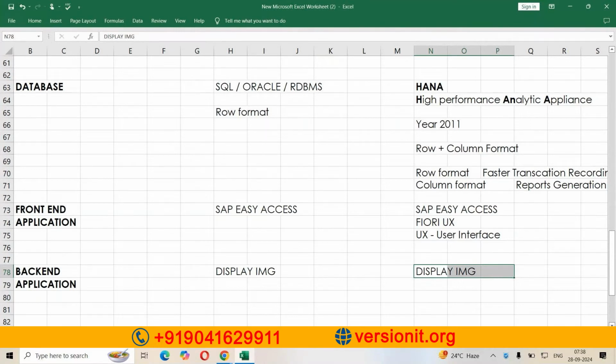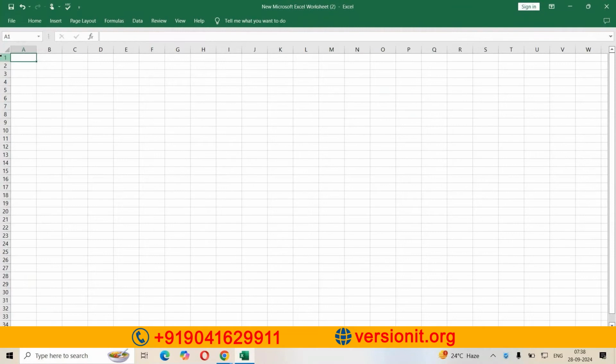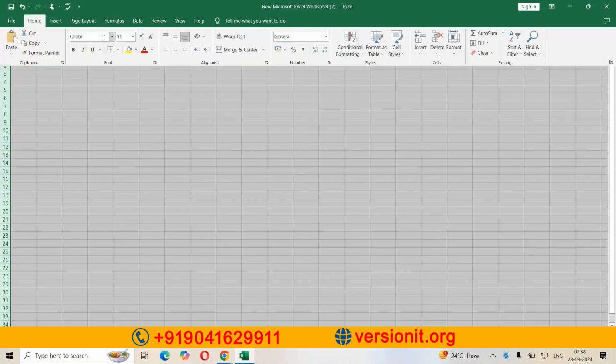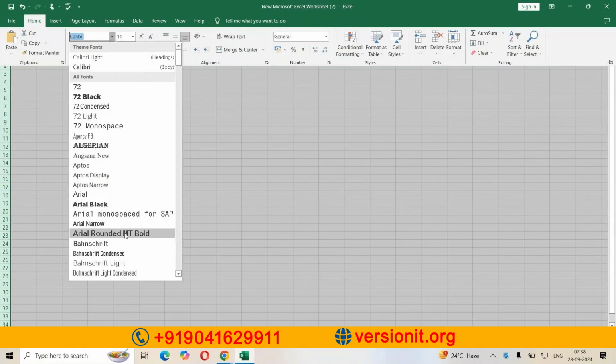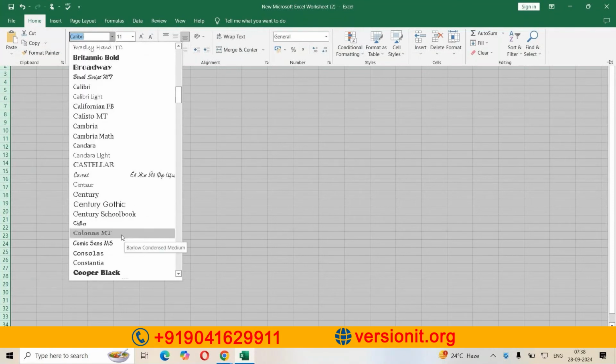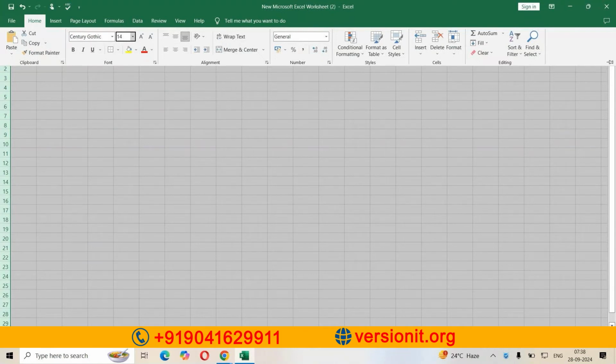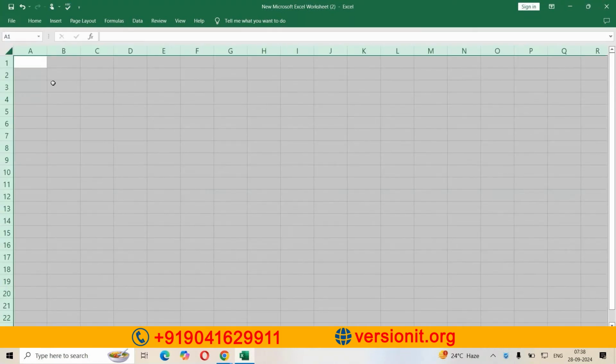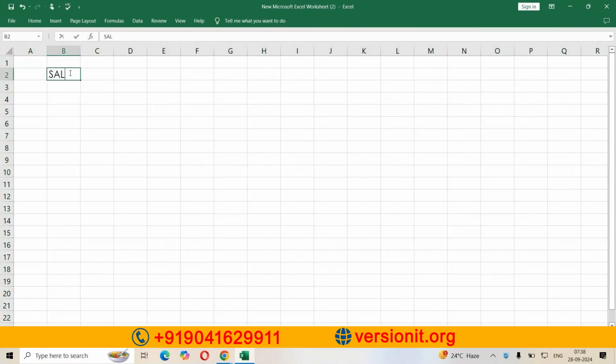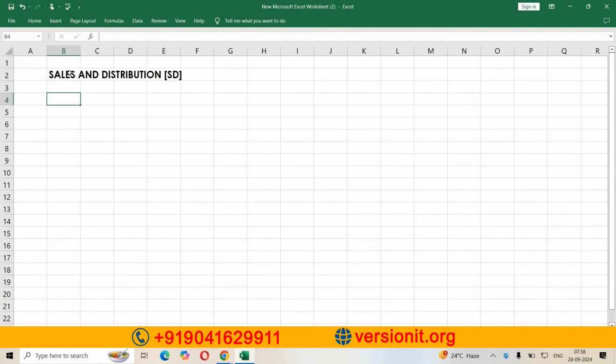Now, in today's session, we try to work out with the chapters related to this sales and distribution module. And in this particular sales and distribution, to run the life cycle of SD, to run the sales life cycle, there are going to be a lot of things we are going to be exploring.